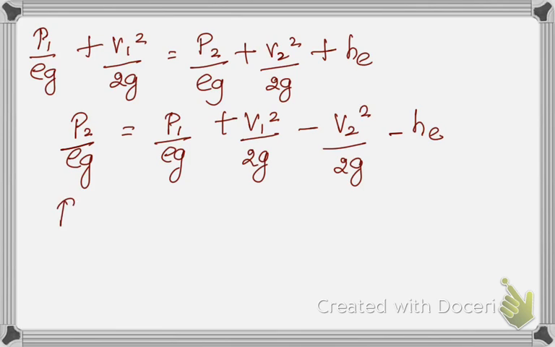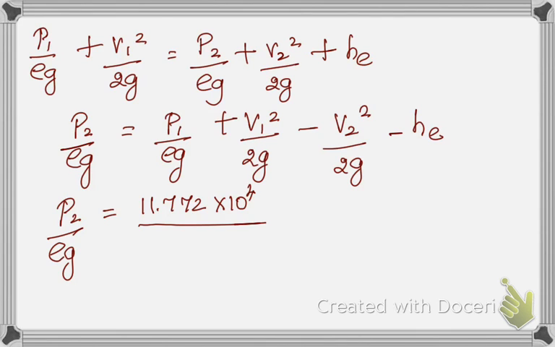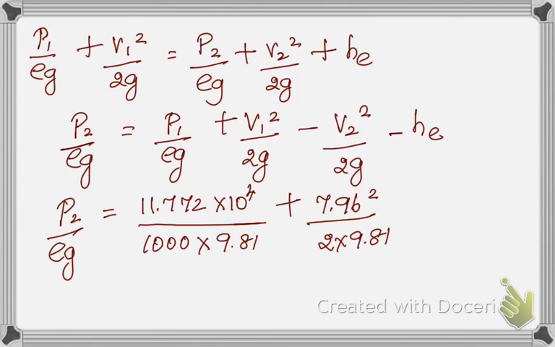So now I can substitute all the values. So P1 value is 11.772 into 10 power 4 divided by rho is 1000, that is density, g is 9.81, plus V1 we have determined as 7.96 square divided by 2 into 9.81, minus V2 is 1.99 square divided by 2 into 9.81, and the head loss we have found as 1.816.